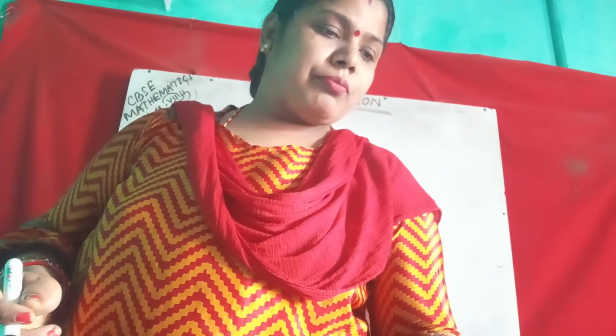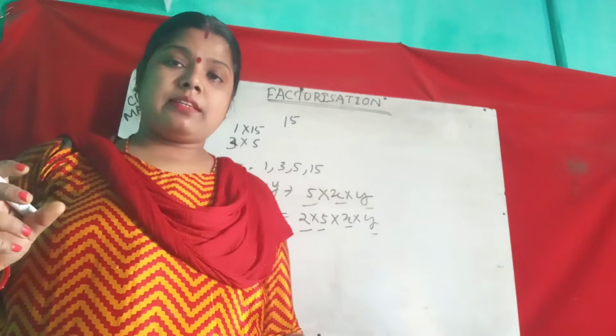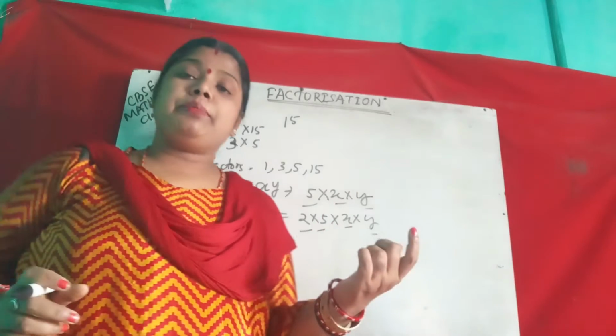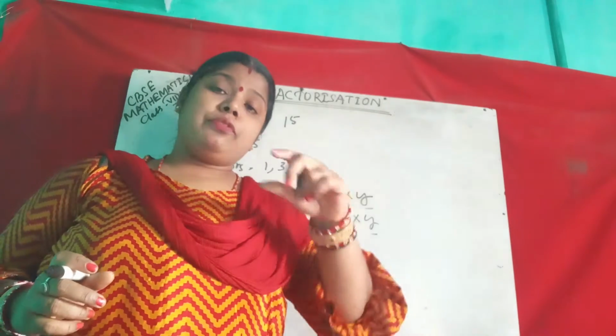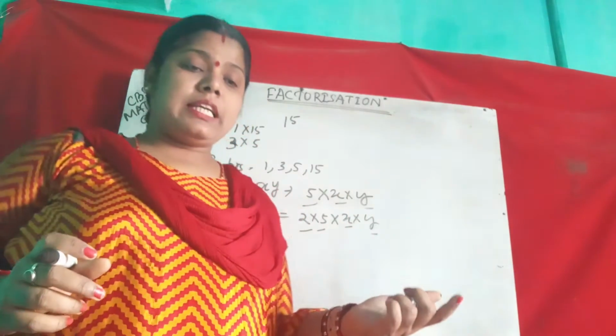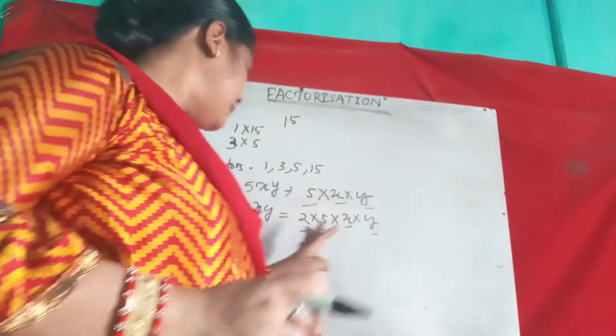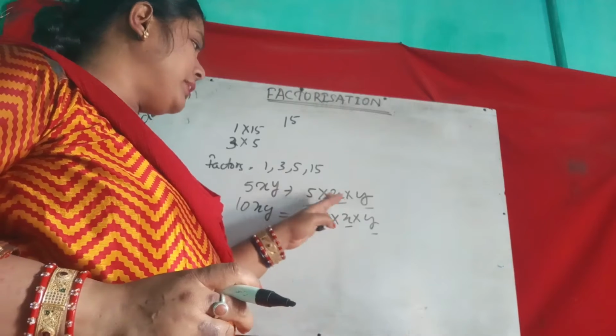Now, factorizing an algebraic expression. 5xy and 10xy are algebraic expressions. If the question says factorize the algebraic expression, it means write it as a product of factors. The product of the factors of 5xy is 5 into x into y.